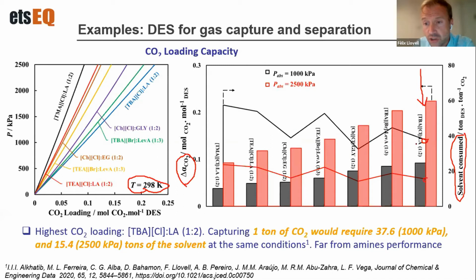The difference between the two bars and the two lines corresponds to two different cases, where the absorption is at 1,000 kilopascals or 25 kilopascals. We can see that capturing 1 ton of CO2 would require 37.6 tons of solvent at 1,000 kilopascals, or 15.4 at 25 kilopascals. This is not good compared to amines' performance, which require far less solvent.